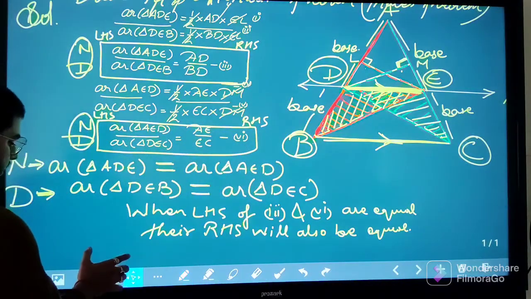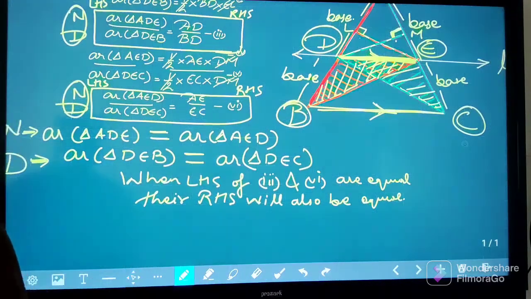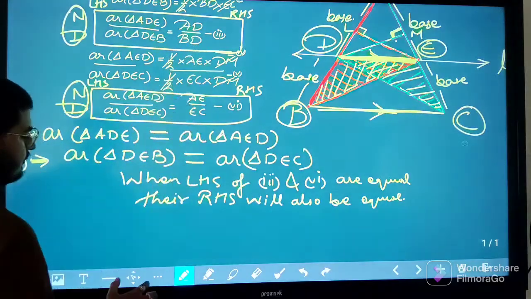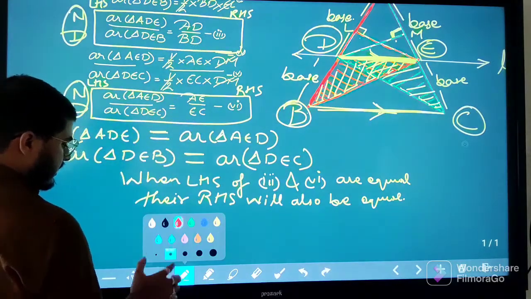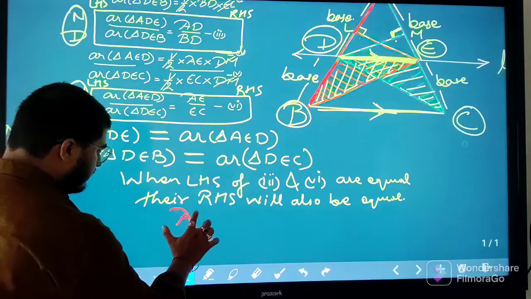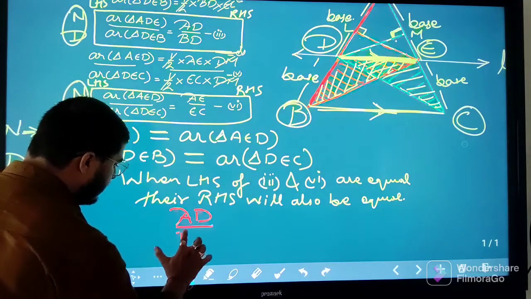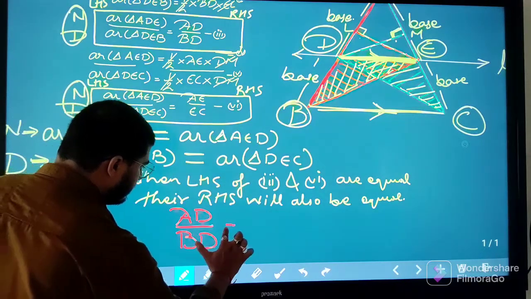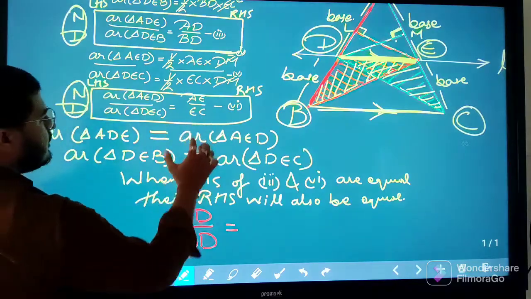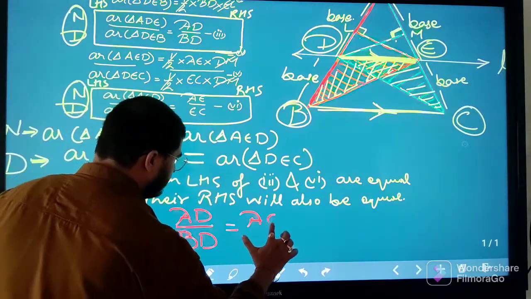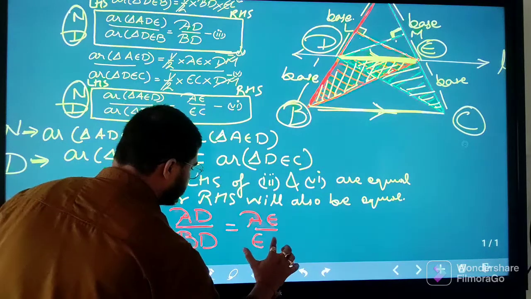So what are their RHS? Their RHS is AD upon BD equals AE upon EC.